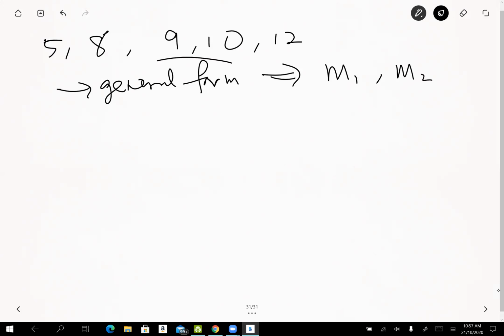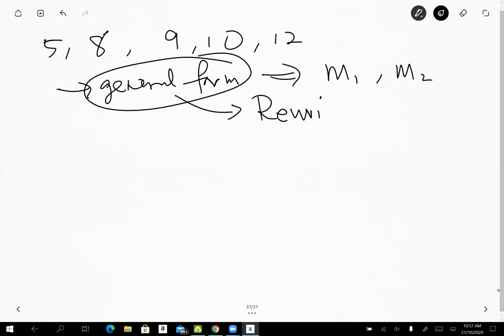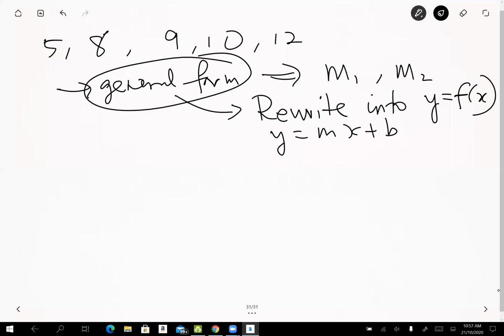So it is a good exercise for us that for a system in general form, before you solve it, just rewrite it into the slope-intercept form, in other words, y equal to mx plus b, so that you can look at the slope. If the slopes are equal, then you look at the b. Then you can say whether there is no solution or there are infinitely many solutions.